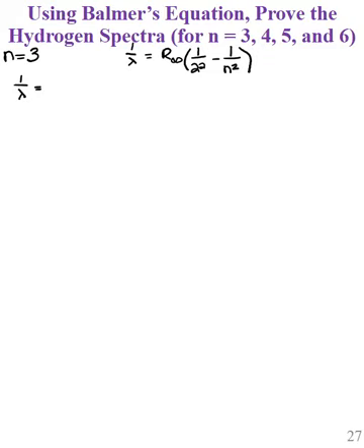Now the Rydberg's constant they give us, which was on the previous slide, and the units are inverse nanometers. You don't want to forget units.